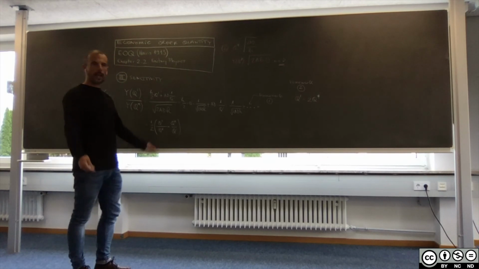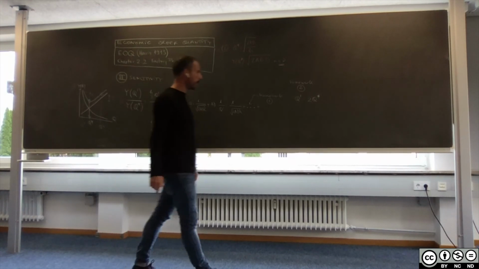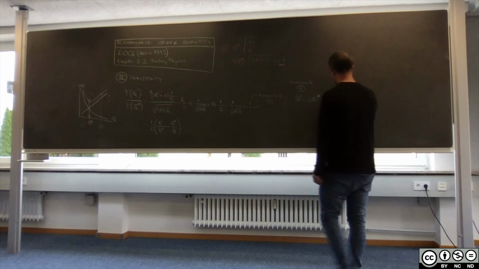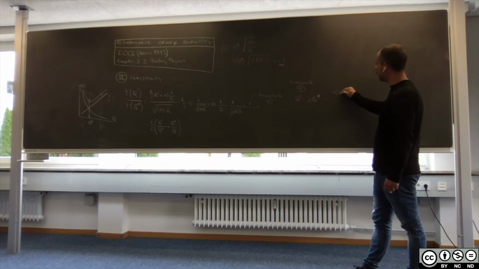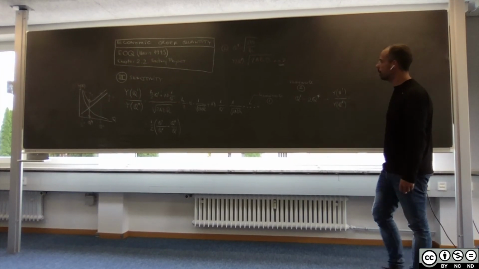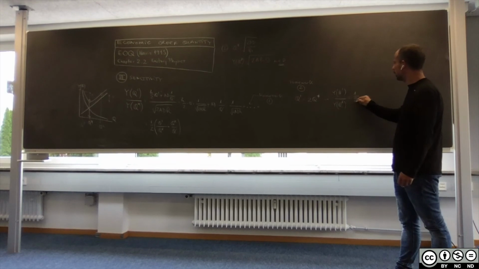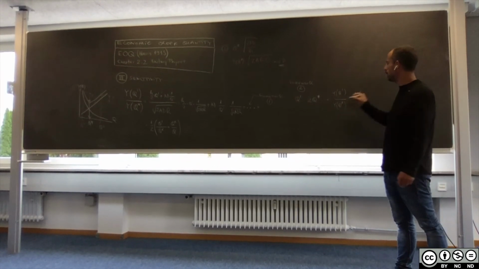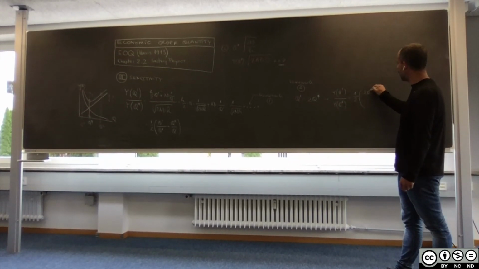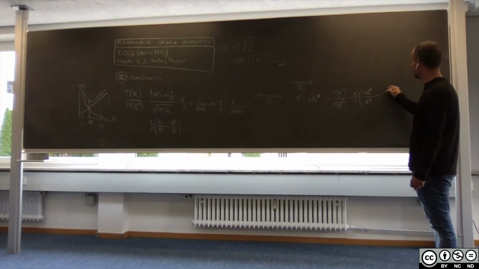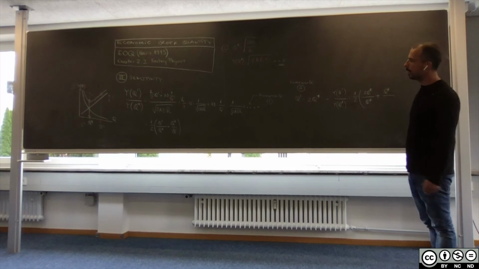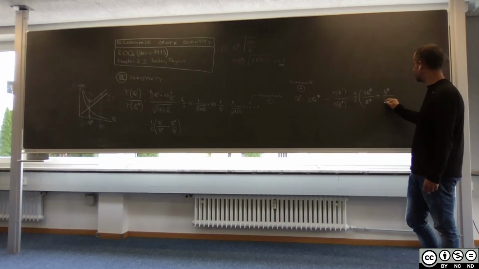We can do it easily. I can do it for you, this first example. Y of Q prime divided by Y of Q star means 1 divided by 2 times Q prime, 2 times Q star divided by Q star, plus Q star divided by Q prime, also 2 times Q star.